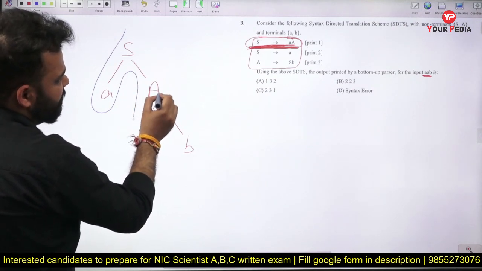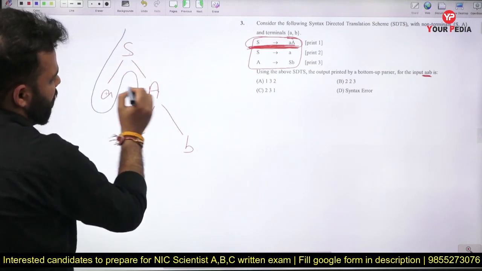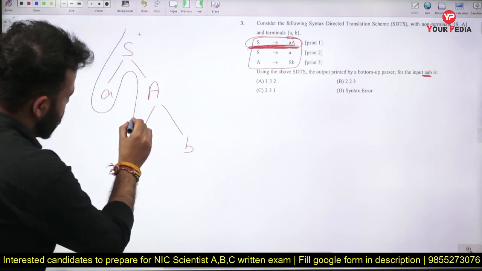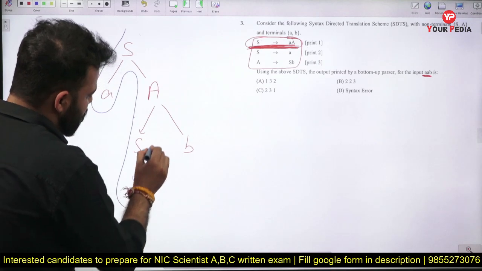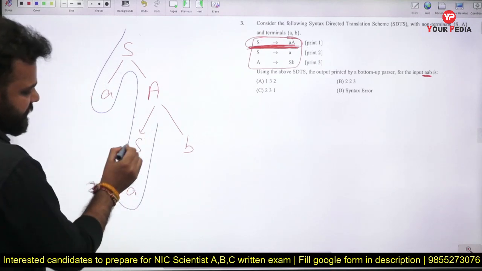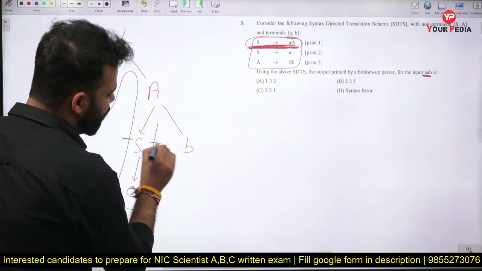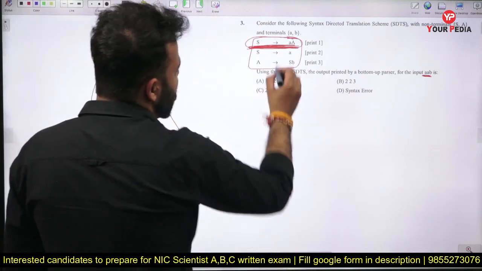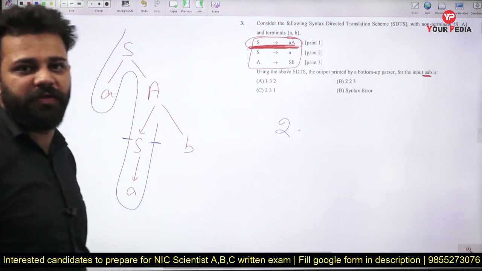This SDT will be completed when you reach here. SAA will be completed when you reach back to S. Now again when you come down, now when SA started here and SA is completed here, you have traversed the SA part. So when SA is completed, the output will be 2 for this.